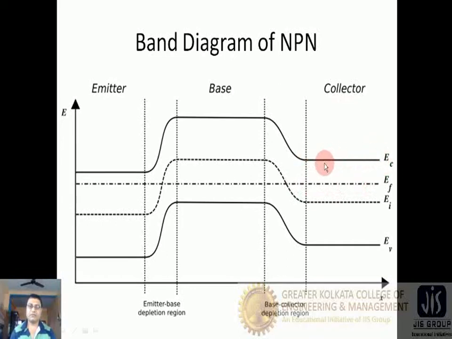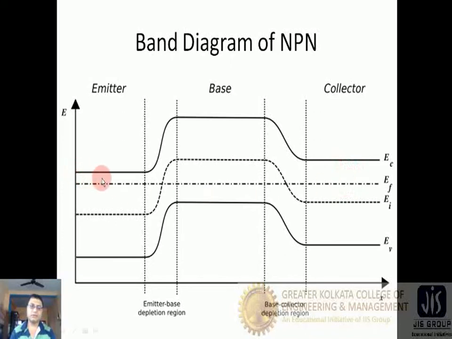But if we watch carefully, we can see the band difference between the Fermi level and the conduction band is quite larger than the emitter, because the doping concentration is less than the emitter. The collector region has a doping concentration less than the emitter.